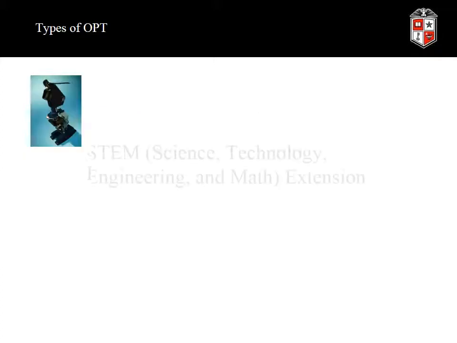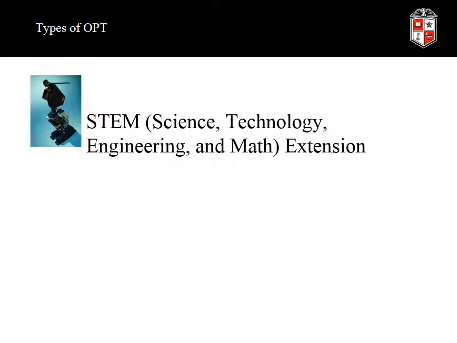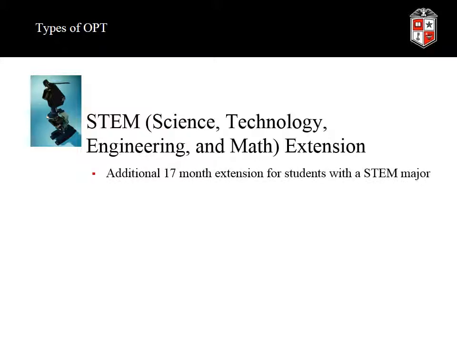Another type of OPT is referred to as a STEM extension OPT. This is an extension of the 12 months for an additional 17 months, and this is for students in the STEM major fields such as science, technology, engineering, and math.